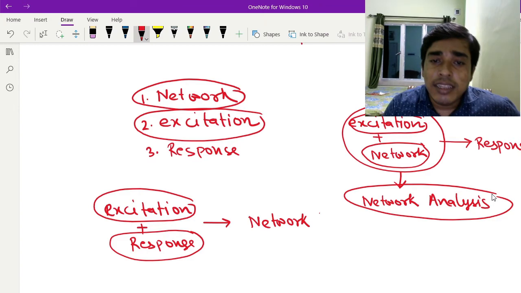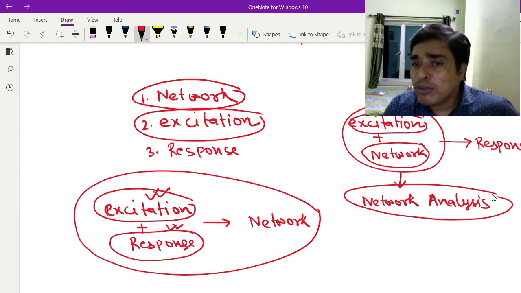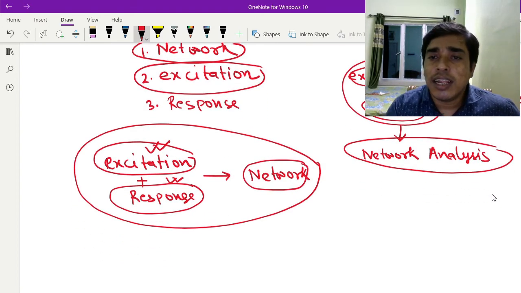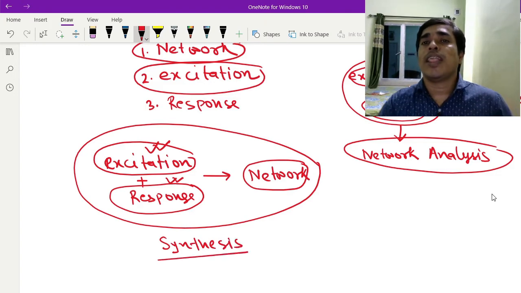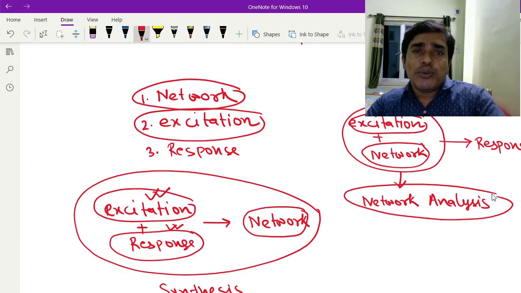Here the known parameters are excitation and response, so you have to design a network. This process is called synthesis. So network theory can be studied in two ways.